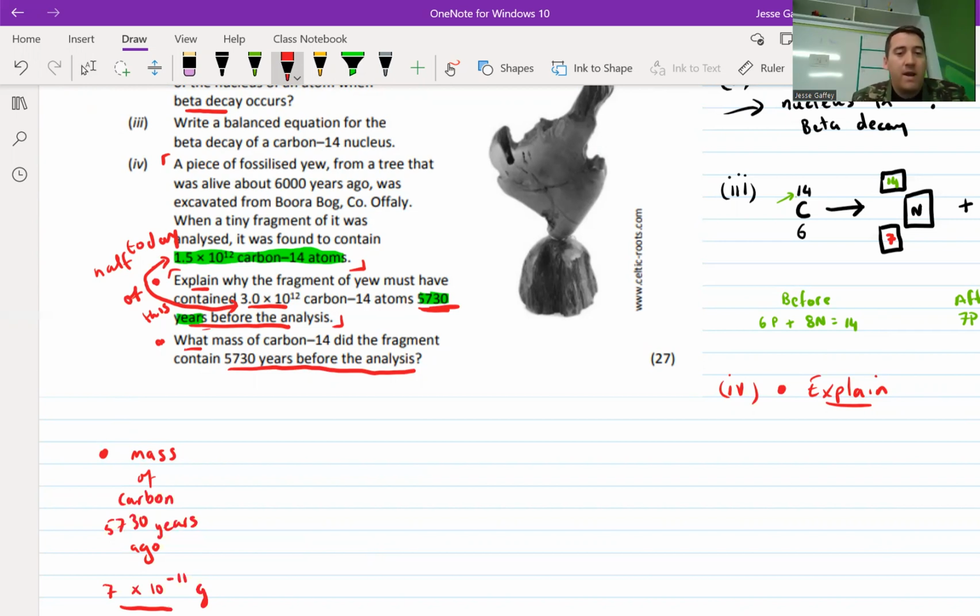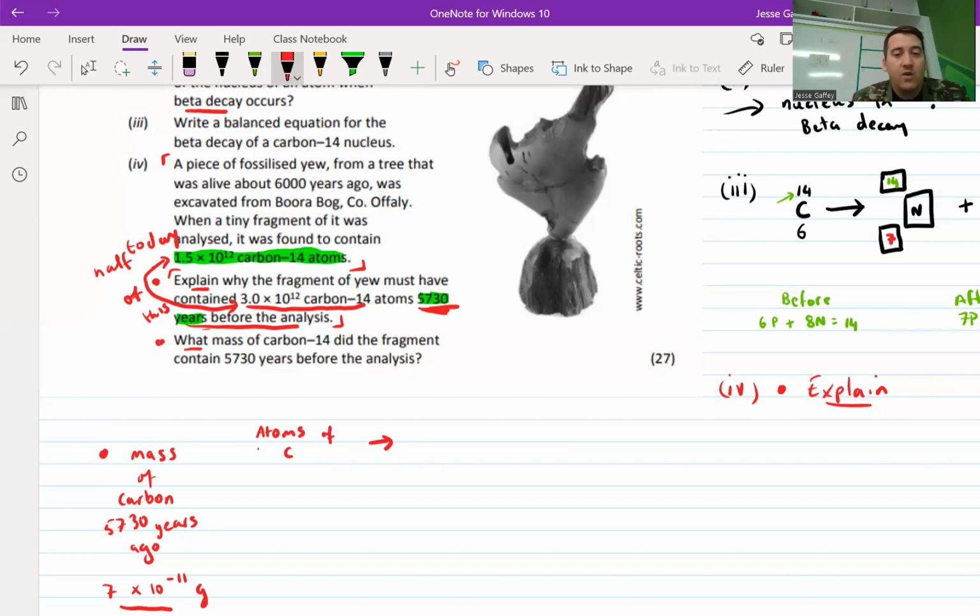First of all, how many atoms did we have 5,730 years before the analysis? Well, it told us in the first part that 5,730 years before the analysis, you had this many carbon atoms. So you have a number of atoms of carbon, and what you need to do is find out how many grams that would be.